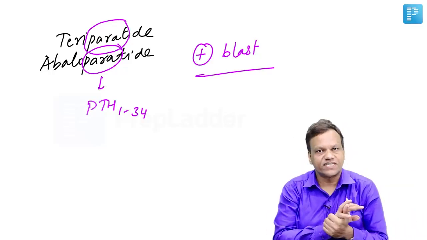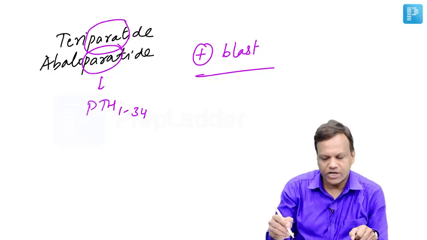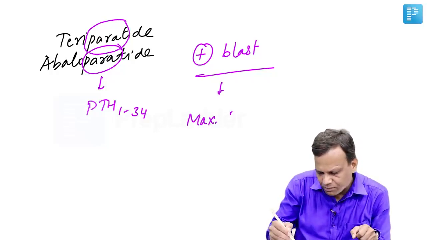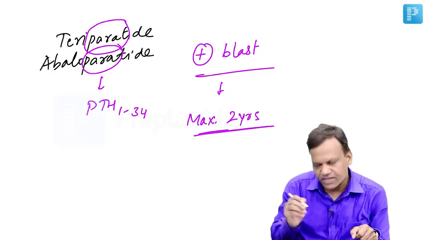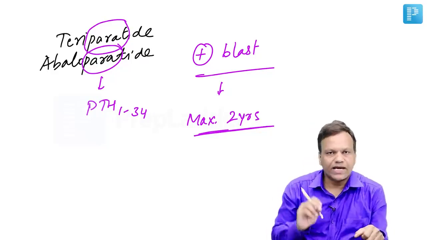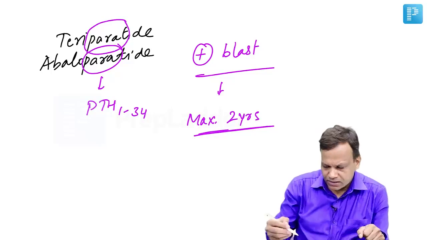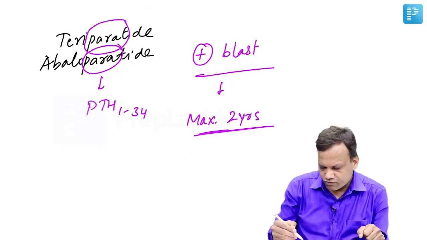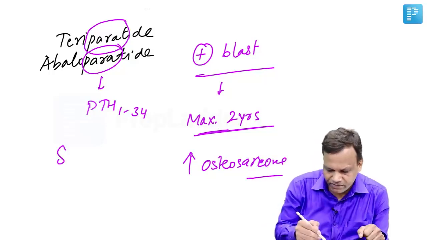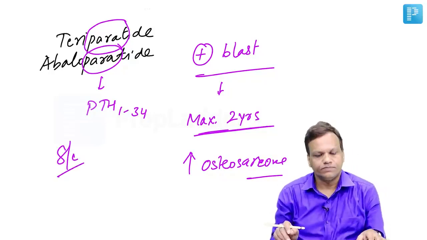Other drugs we have discussed till now inhibit osteoclasts. But the important thing is these are recommended for a maximum of 2 years. After that we have to use bisphosphonates or other drugs, but they cannot be given for more than 2 years. They theoretically increase the risk of osteosarcoma. And they are not effective orally. They are given by the subcutaneous route.